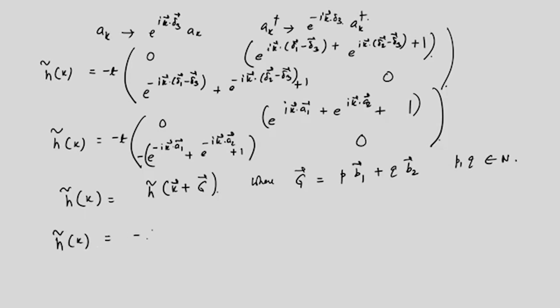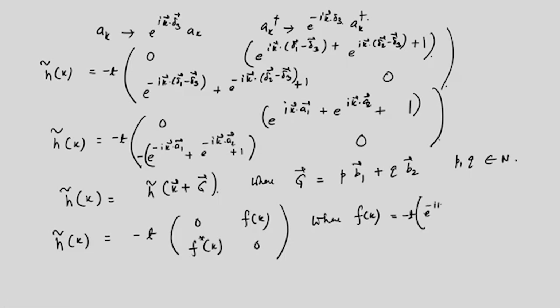Let us write it a little more neatly, where we write this as minus t times the matrix 0, f of k, and f star of k, 0, where f of k is just the simplified form of this 2 by 2 matrix. It is equal to minus t times exponential minus i k_x a plus 2 exponential i k_x a by 2 times a cosine of k_y root 3 a by 2.